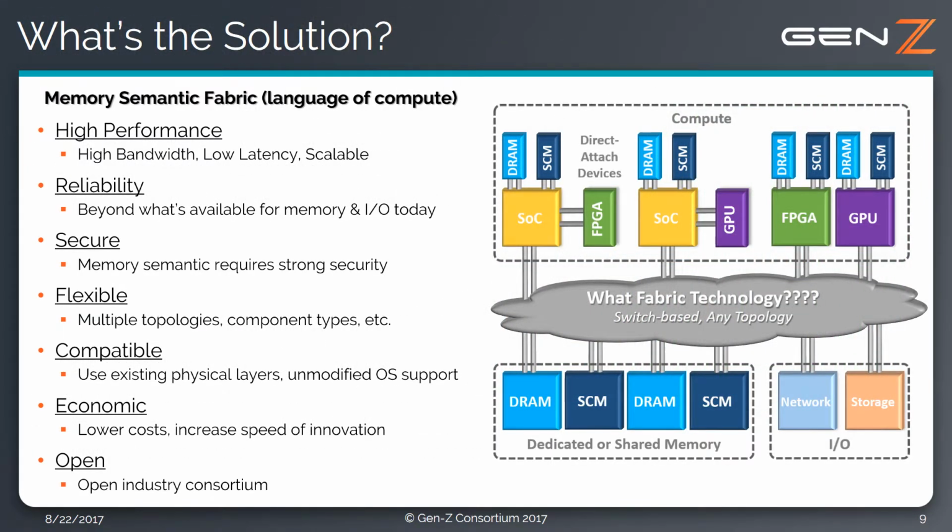So what's the solution to all of these challenges? We need a new universal interconnect and fabric technology that is memory semantic. It needs to facilitate the language of processors, byte-addressable load store operations, that drives the new data-centric, memory-centric computing model that will power next-generation workloads. Here are some of the key attributes that this new technology needs to embody.